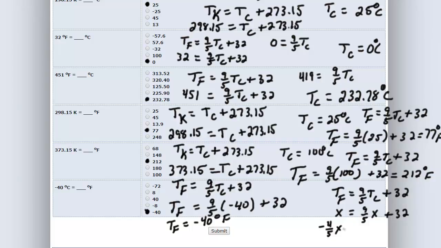So negative 4/5 X is equal to 32. Now we multiply by negative 5/4 on both sides, and we get X equals negative 40. That is the temperature at which Fahrenheit and Celsius are the same. So that's kind of an interesting feature.